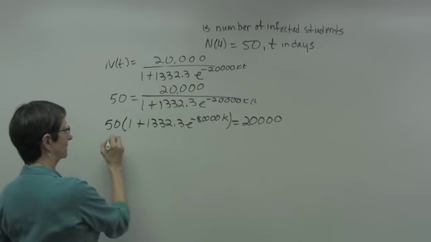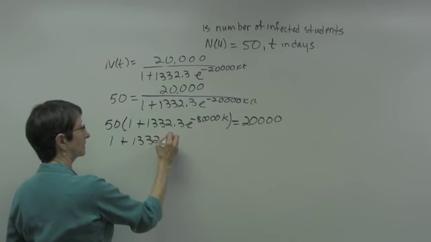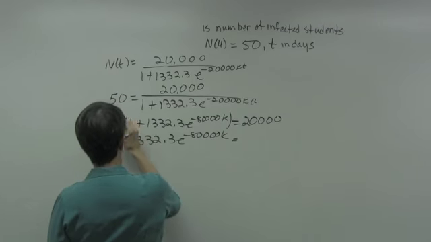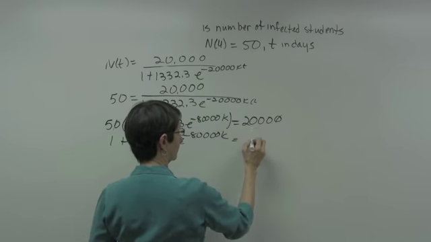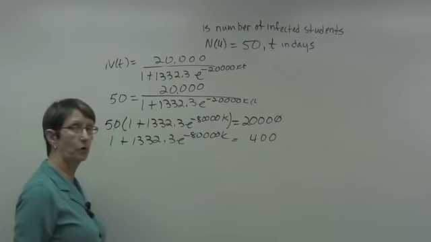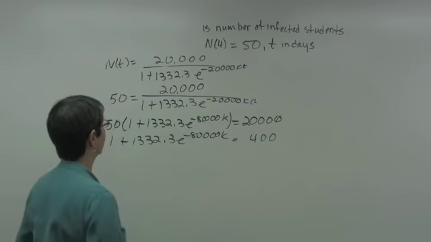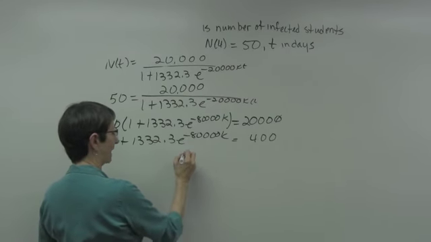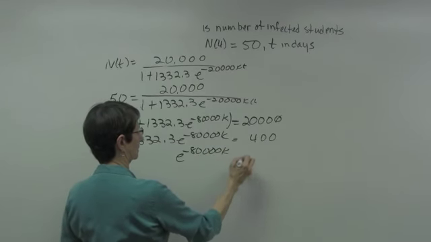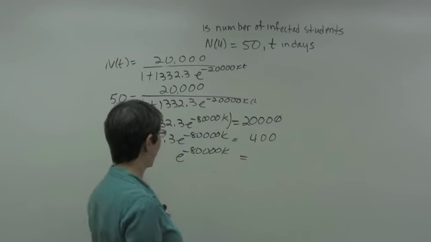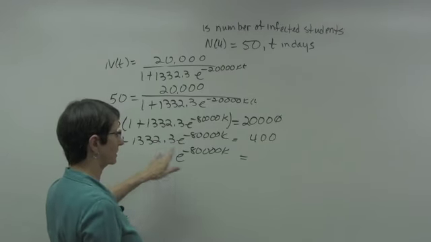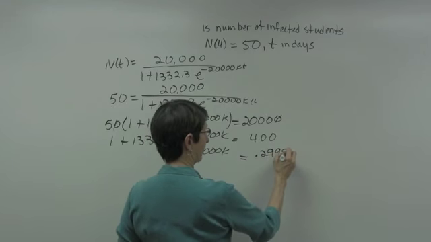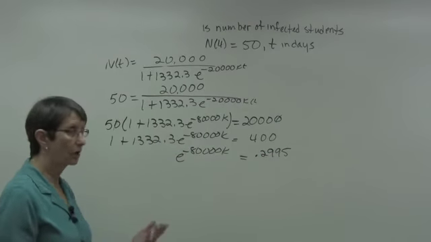I divide through by 50. One of the zeros goes, and 20,000 over 50 is 400. Subtract 1, I get 399. Divide by 1332.3, and that ends up with 0.2995. Take the natural log of both sides.